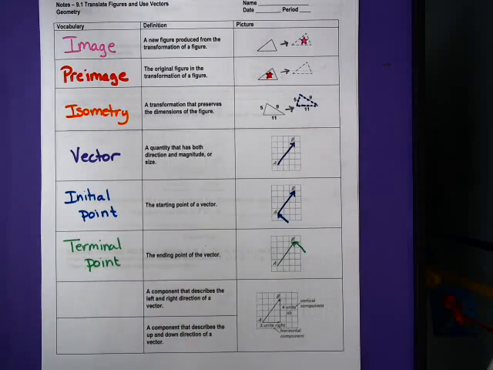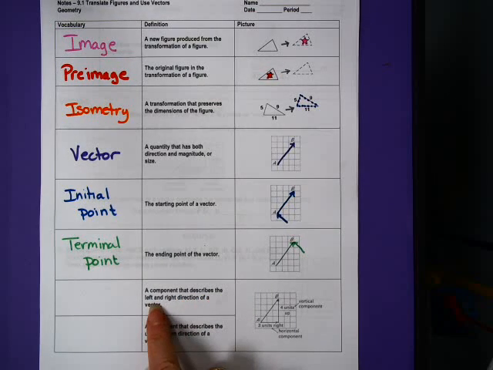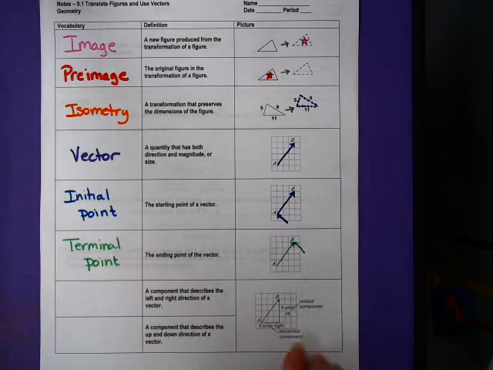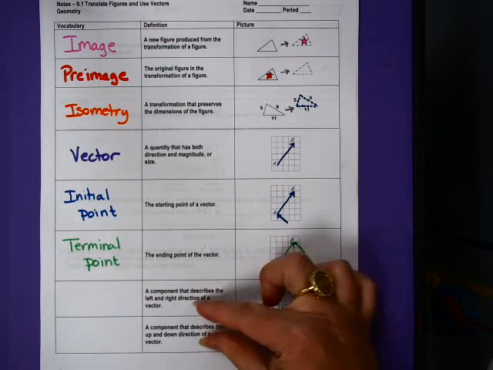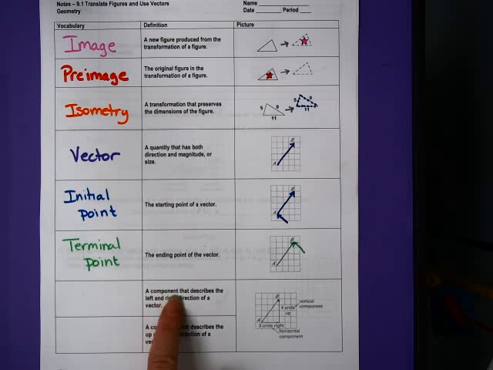Okay. Next, a component that describes the left and right direction of a vector. Okay, so this picture right here is going to be for both of these vocabulary words. So a component that describes the left and right direction.